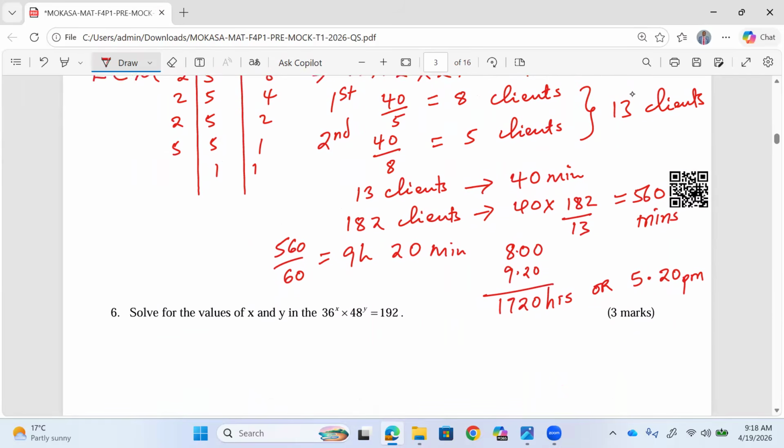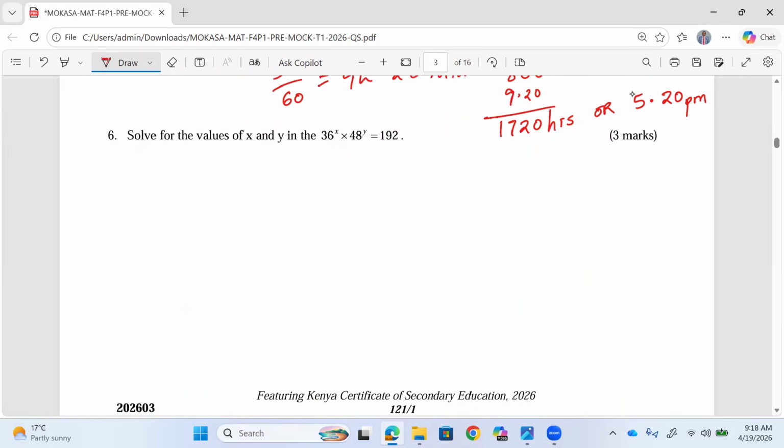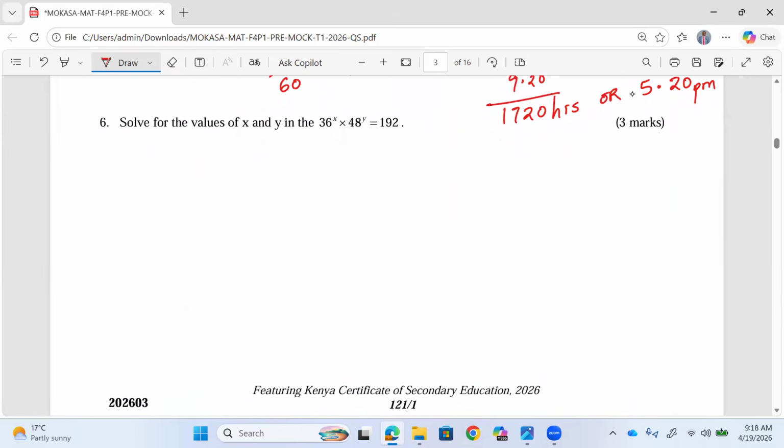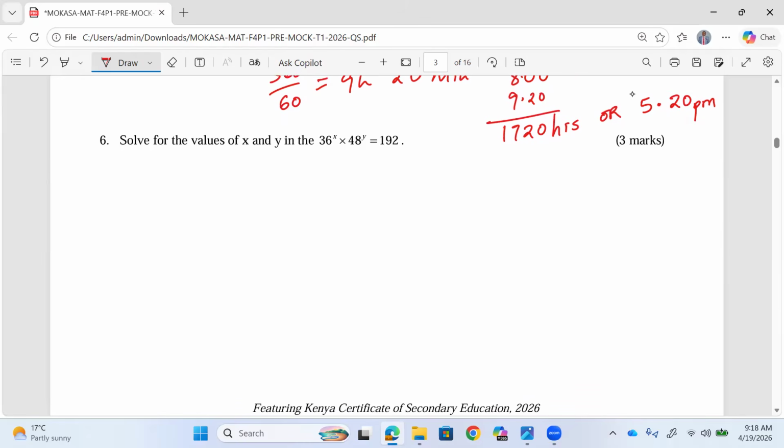So we are now moving to number 6. Solve for the values of x and y in the equation 36 to the power x multiplied by 48 to the power y equals 192.